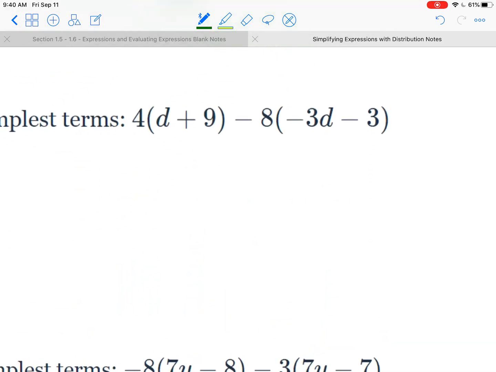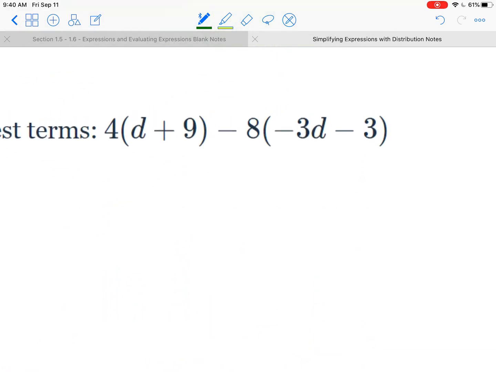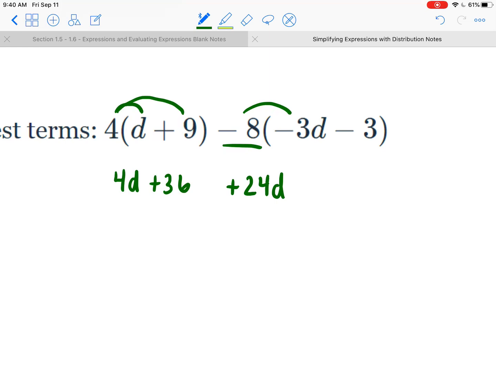All right, how about this one? So this one we've got a couple distributive issues going on here. So we're going to do the 4 first. So we're going to have 4d, and then plus 4 times 9 is 36. And now we've got this negative 8 that's going to get distributed. So negative 8 times negative 3d is plus 24d, right? Because the two negatives, when you multiply them, make a positive.